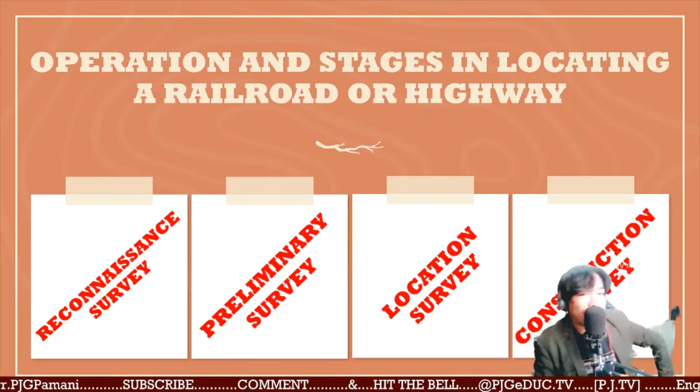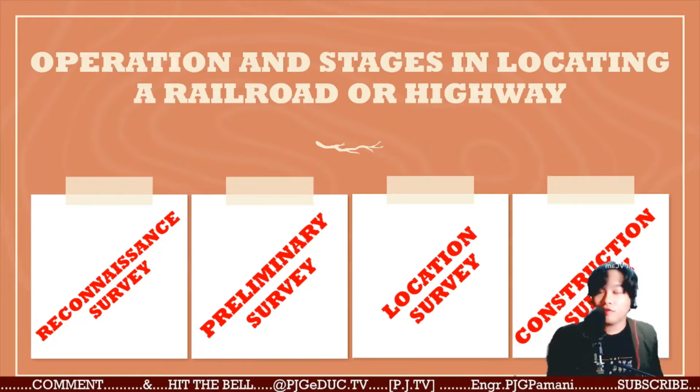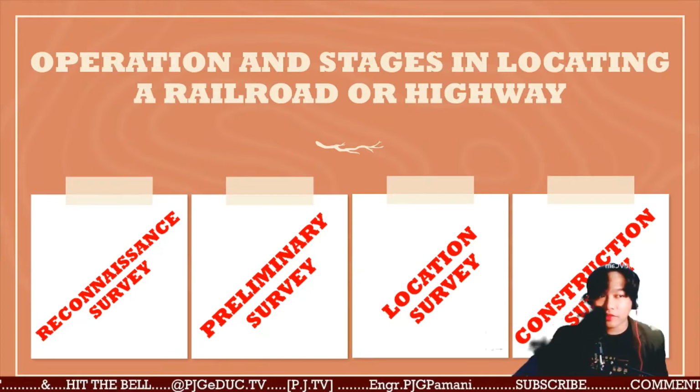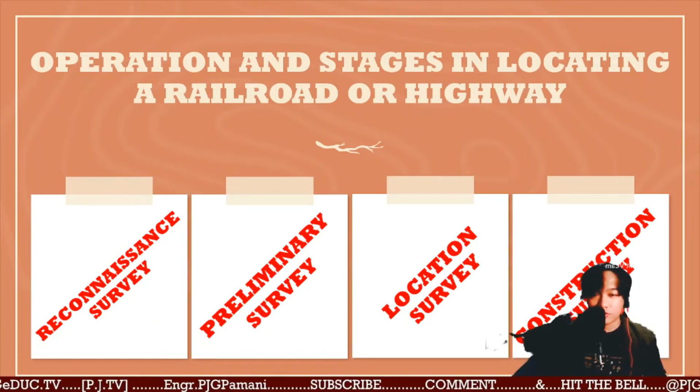What are the preliminary designs we have to consider, and what are the specific points we need to identify in considering such a location as part of our horizontal construction?